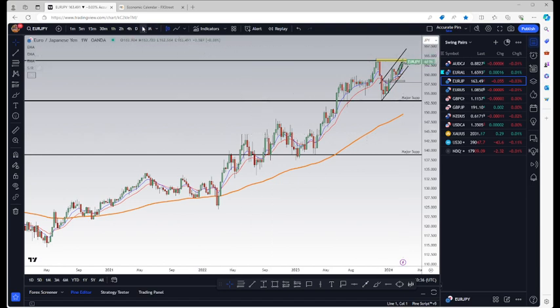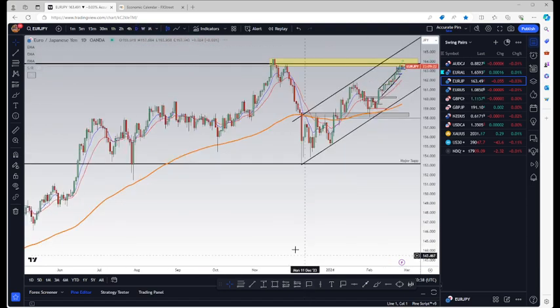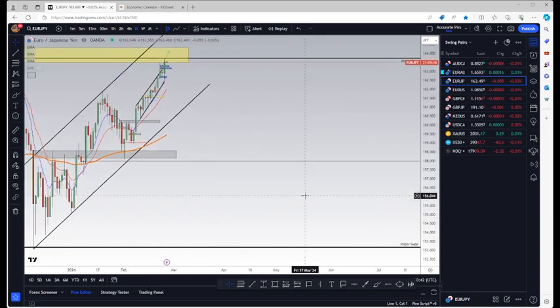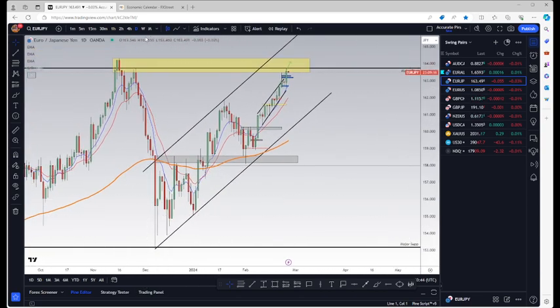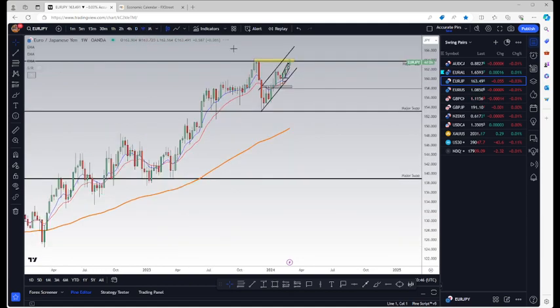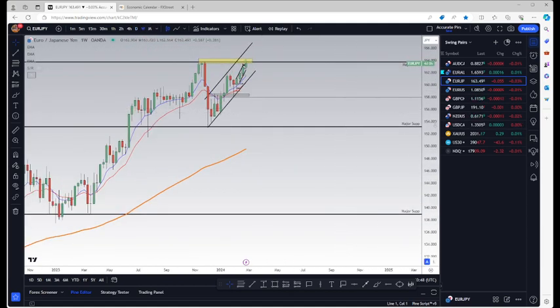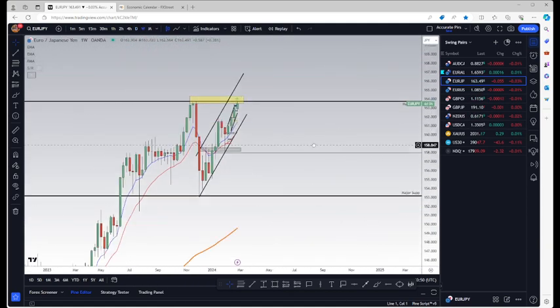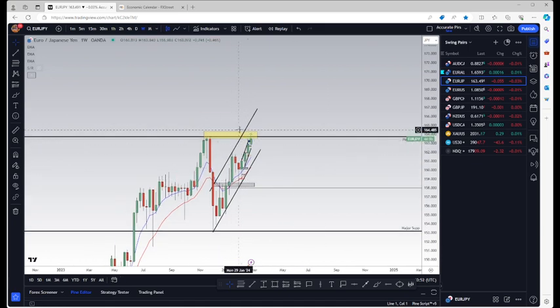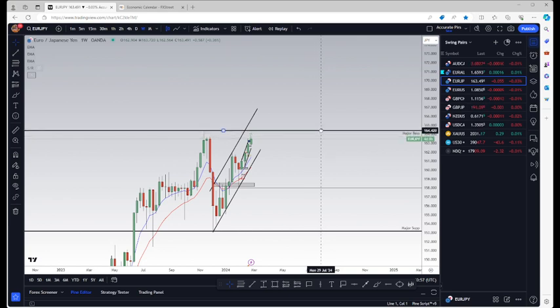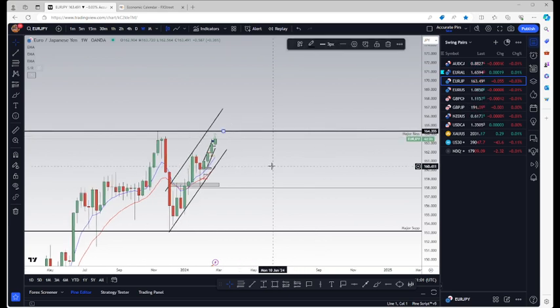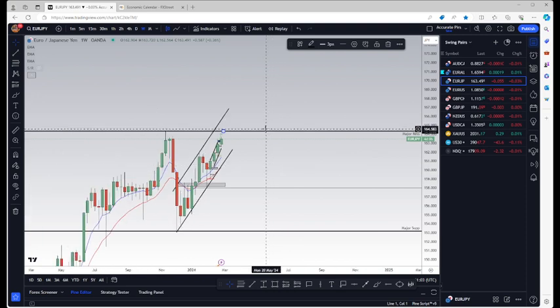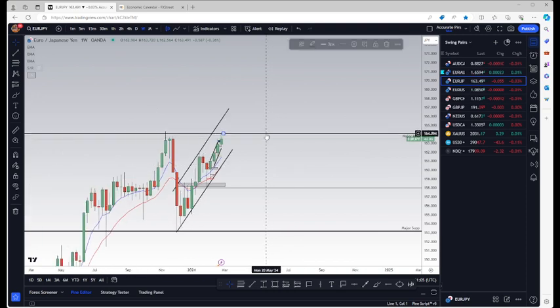So now, EJ is actually in an interesting place. It's definitely respecting the 164 area, 100%.